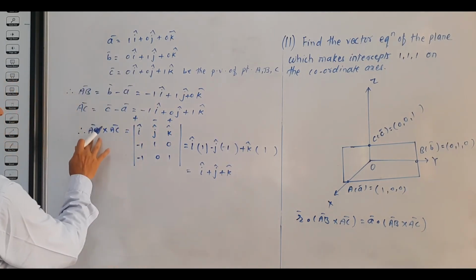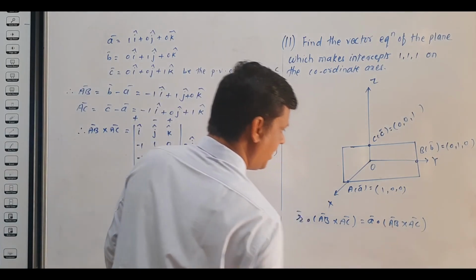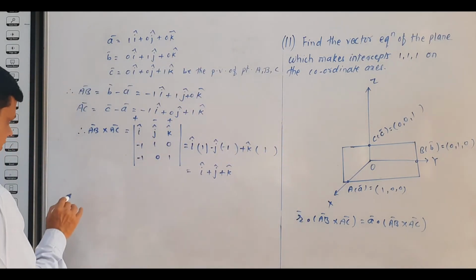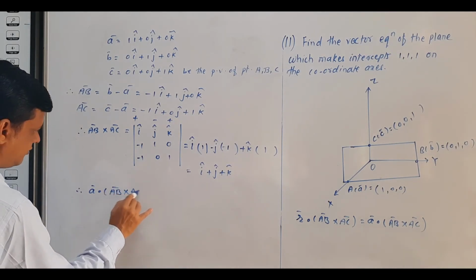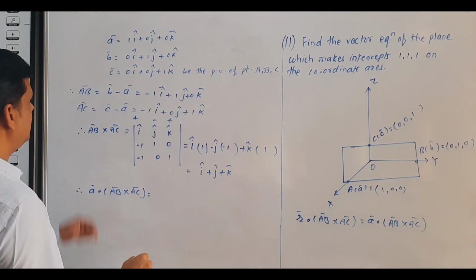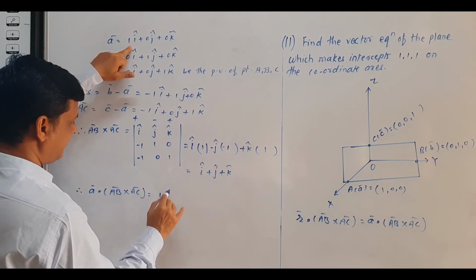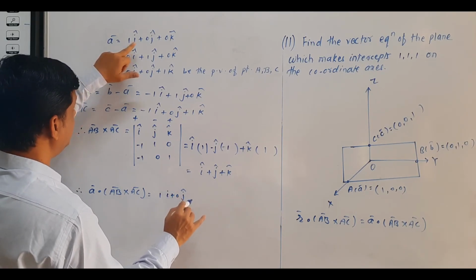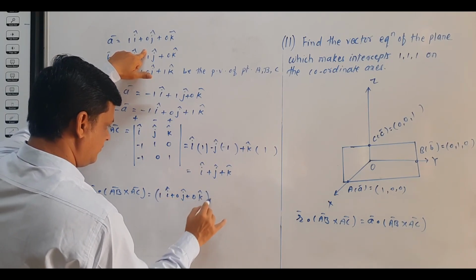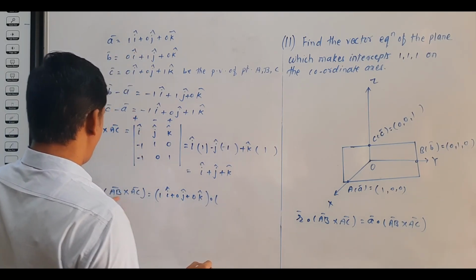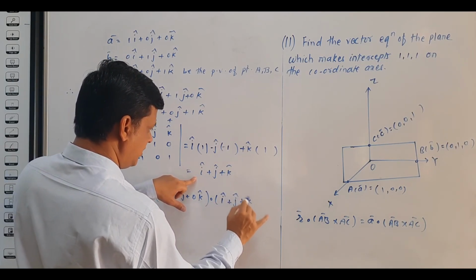Now this is vector AB cross vector AC. We require A bar dot vector AB cross AC. So we find A bar dot vector AB cross vector AC is equal to: vector A is 1i plus 0j plus 0k, dot this vector AB cross vector AC, which is i plus j plus k.